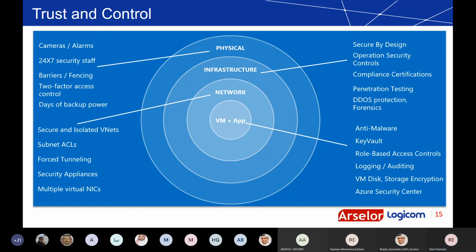It also has different layers of testing and DDoS attack protection. And in the networking layer, Microsoft will isolate every customer network so no one can see the VMs or the IP addresses or any item from the other customer. So you are in a very isolated environment in Microsoft.